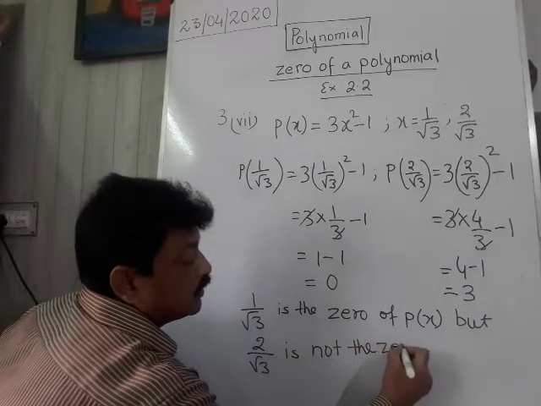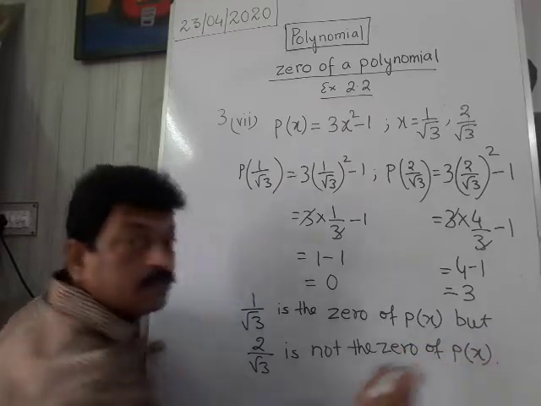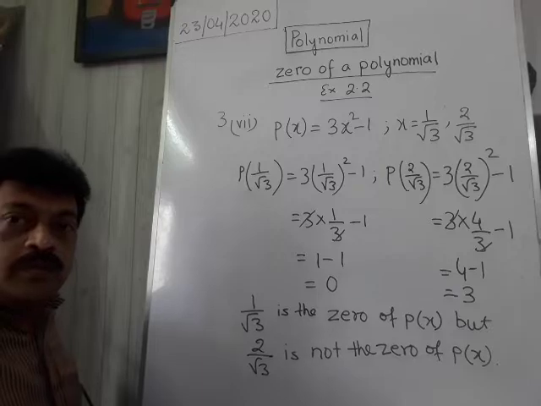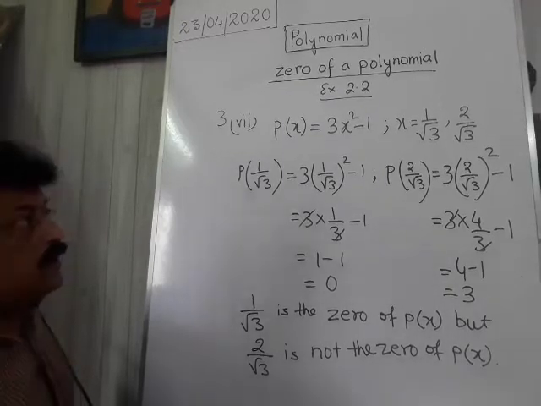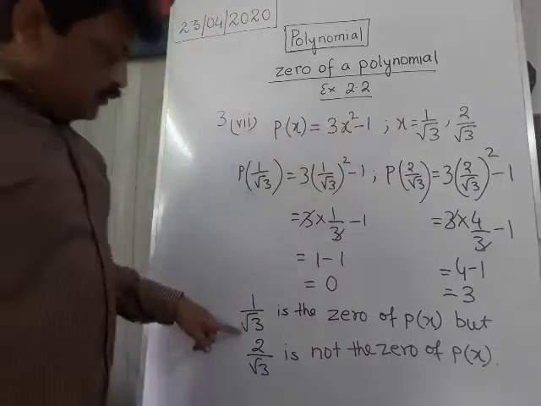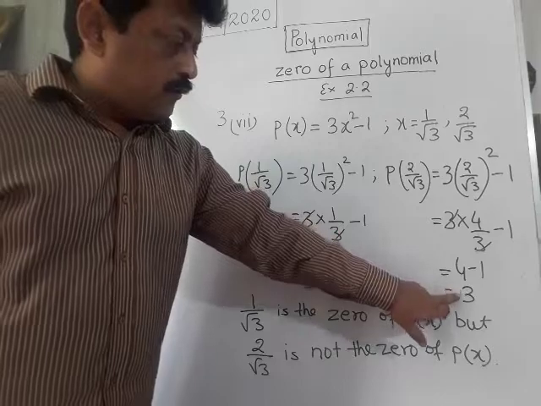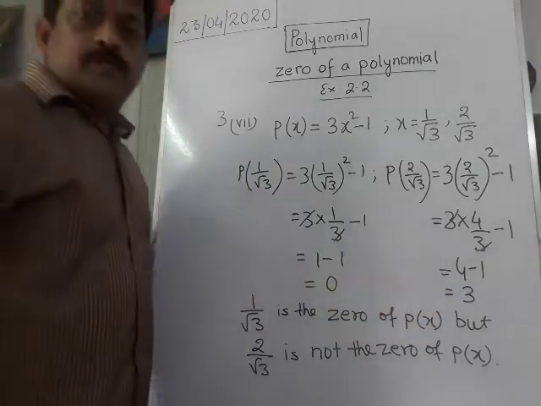It is not a zero of p(x). That was the question, to check whether they are zeros or not. So the first one, that is 1 upon root 3, is a zero, but 2 upon root 3 is not a zero because the value is not 0.